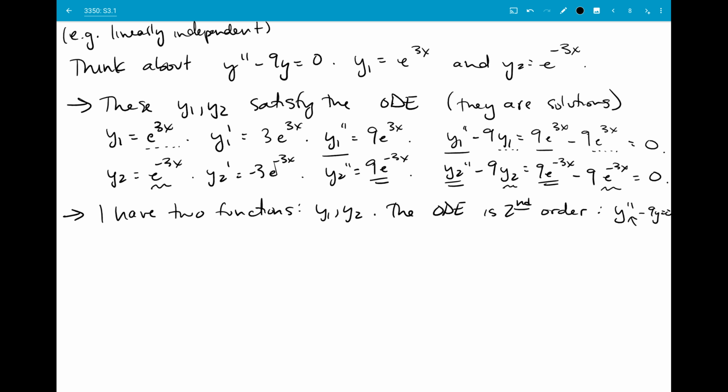That double prime means that I have second order. So I have the correct number of solutions. And so my last thing that I have to check is whether the solutions are linearly independent.